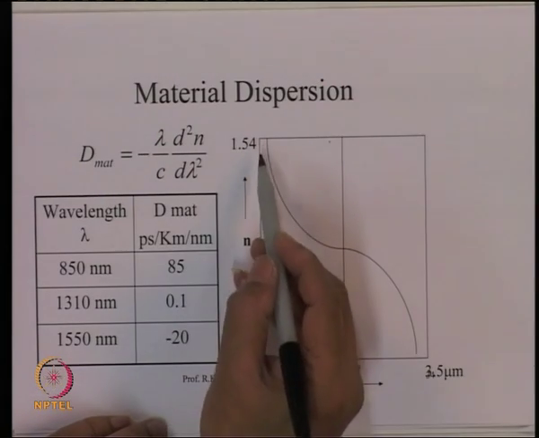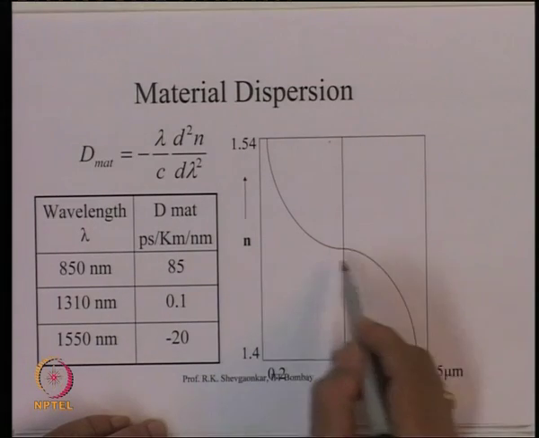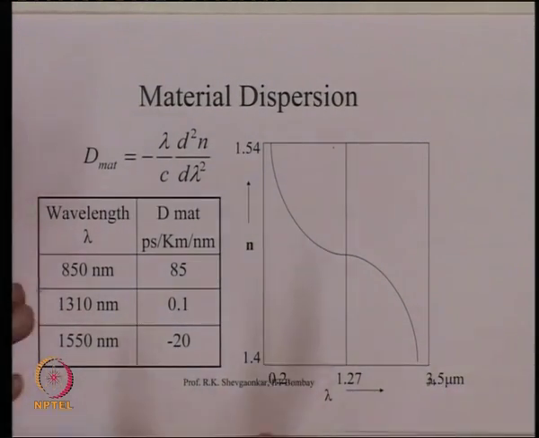So, the refractive index decreases, but the decrease is not linear. It has a variation something like this. That is the measured fact for glass.